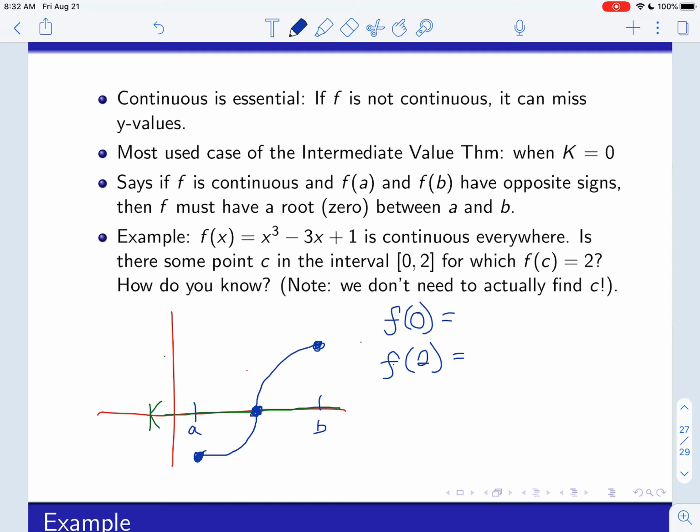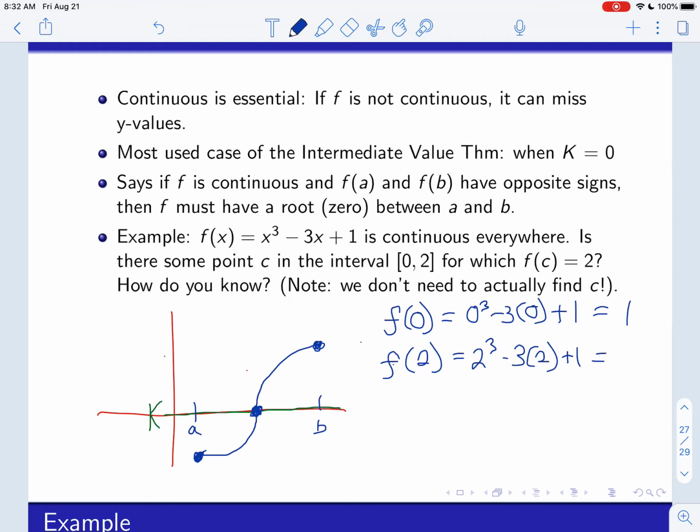So that just means I got to plug in some numbers. So when I plug in 0, I get 0 to the third minus 3 times 0 plus 1, so that's just 1. And when I plug in 2, I get 2 to the third minus 3 times 2 plus 1.